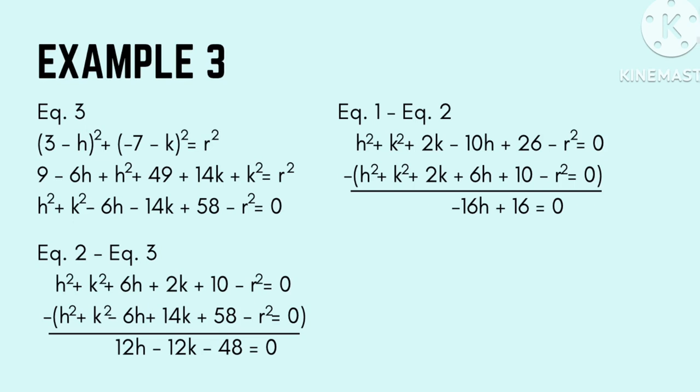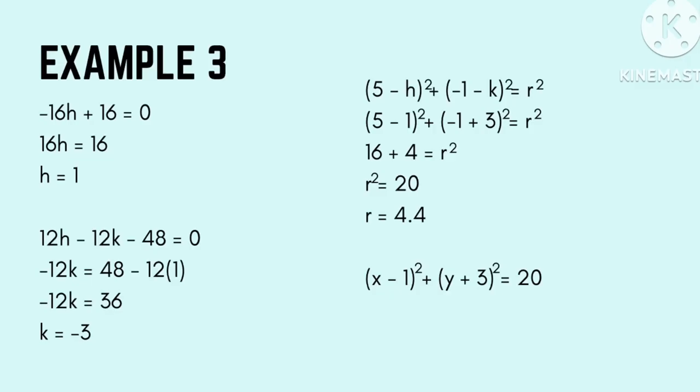So we will have -16h + 16 = 0. So this is actually very hard, but once you master the FOIL method, it is actually quite easy. And there are other methods that we can use in binomials. So this is where everything comes together.